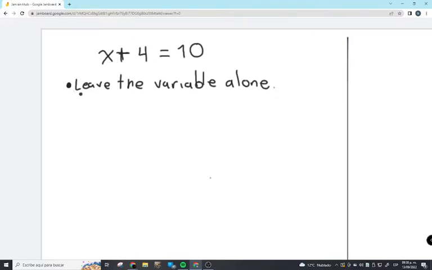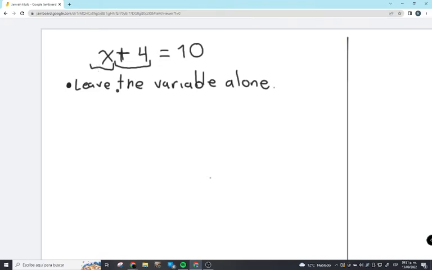And take into account that this 4 is accompanied by the positive sign. In this case it's an addition, but that means that the 4 is positive. Every single term of an equation has the sign that is before it. So in this case this 4 is positive, and the x is also positive, because before the x there's nothing, and when there's nothing it means it's positive.